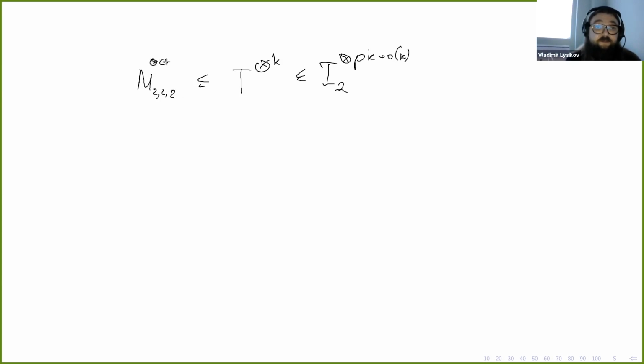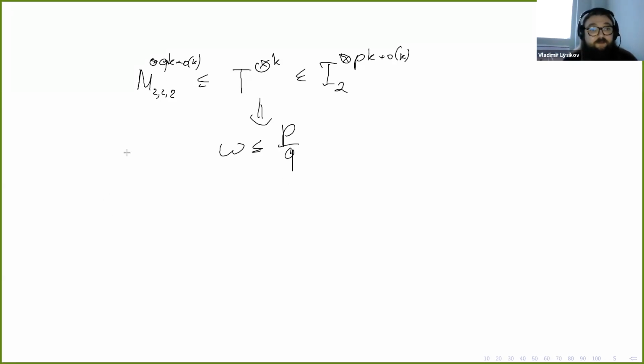So as I said, when we construct algorithms for matrix multiplication, we actually use some intermediate tensor, which has some nice algorithms and has some nice structure, which allows us to extract matrix multiplication from it. And if we have this kind of structure, then we have an upper bound on the matrix multiplication exponent.